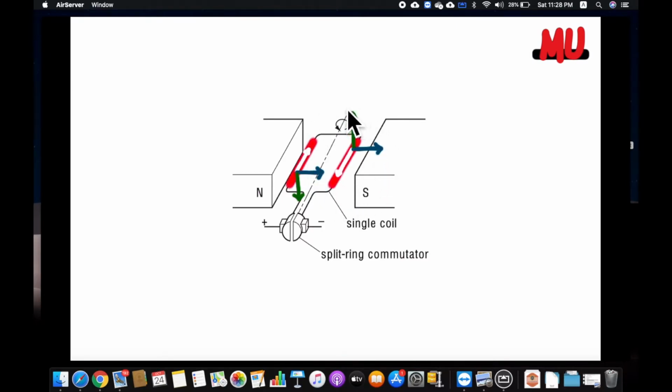Let's have a very quick recall of how we determine the direction of force. The hand rule, remember? Now we have the left hand with the second finger pointing to the direction of the magnetic field.